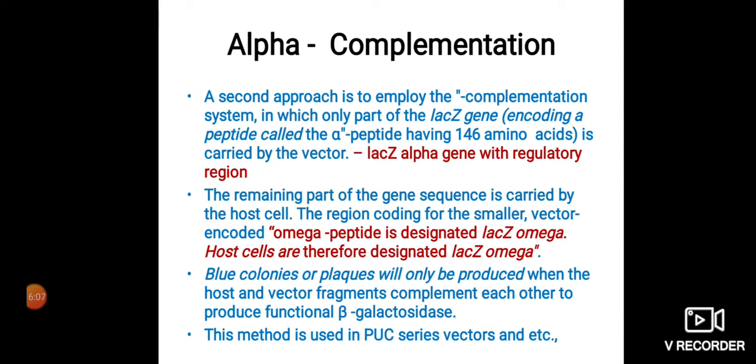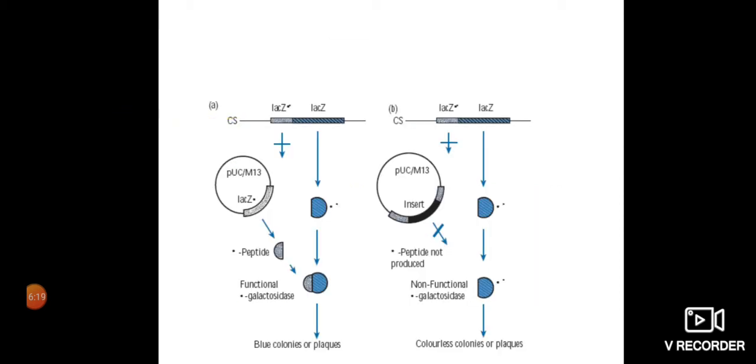This type of arrangement we see in many pUC plasmid vector systems, which are screened using alpha complementation. You can see here the LACZ alpha and the omega together give you functional beta gal, which gives you blue colored colonies.